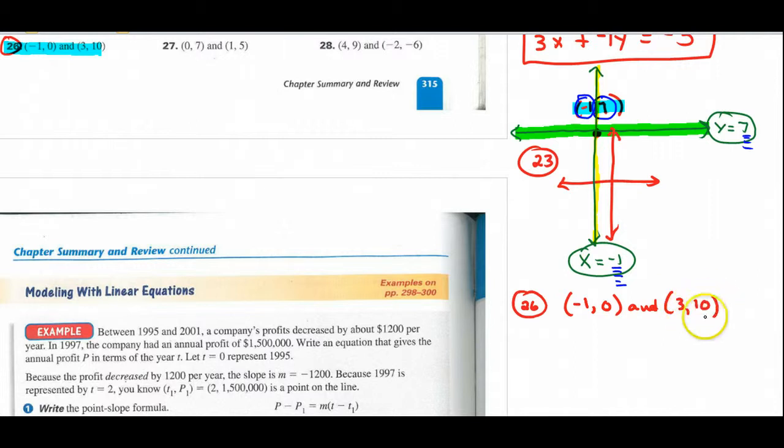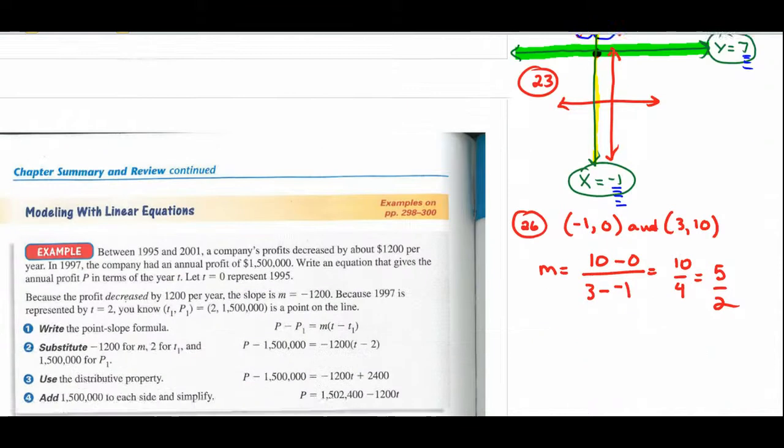So the first thing we need to do is find the slope of this line that passes through these 2 points. So M equals 10 minus 0 over 3 minus -1. So it's 10 over 4, which is equal to 5 over 2.